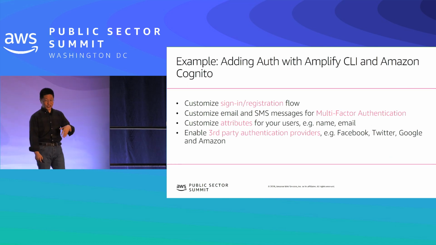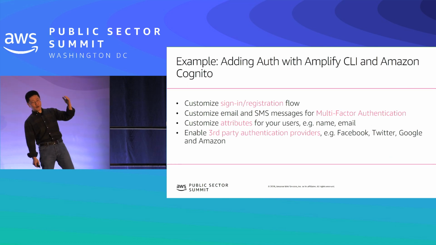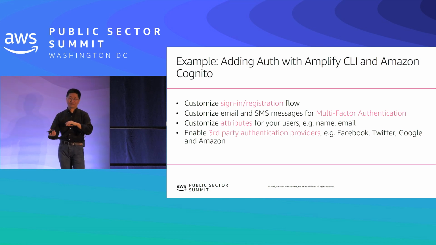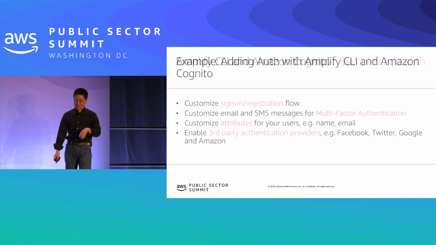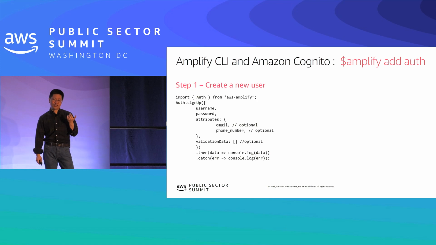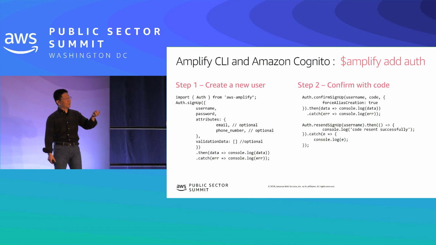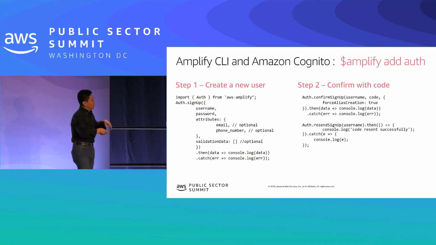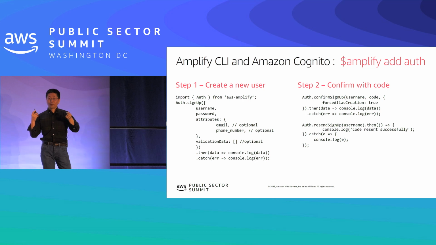For example, suppose you need somebody to register, sign into your applications, and send out a confirmation code. That's pretty common nowadays, right? Then you also want to support multi-factor authentication. From the CLI, you basically just call amplify add auth. After you push, we're going to provision a Cognito user pool for you.